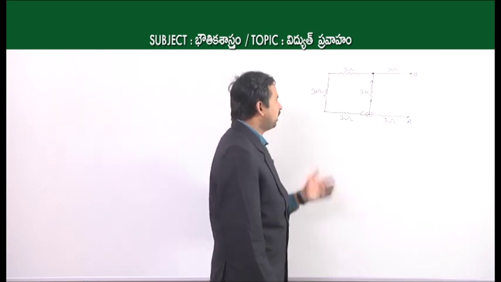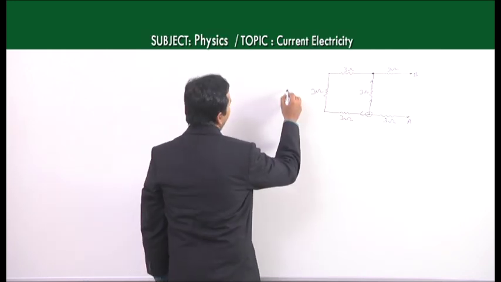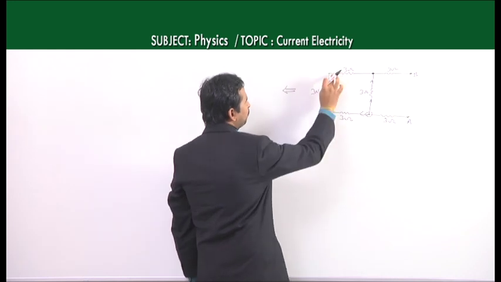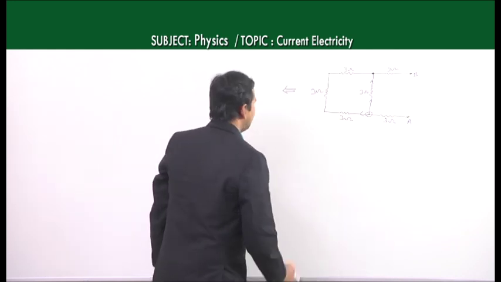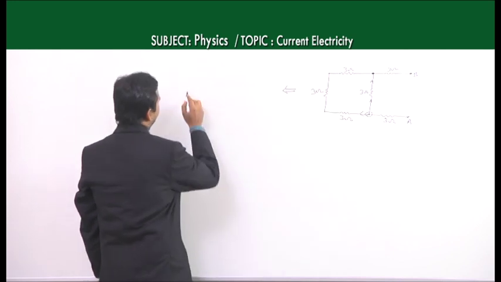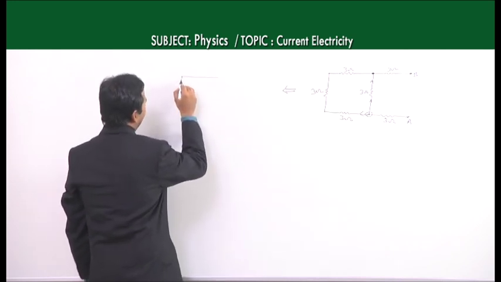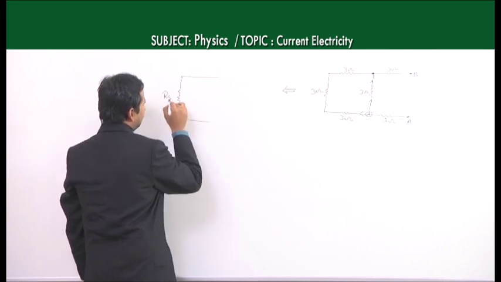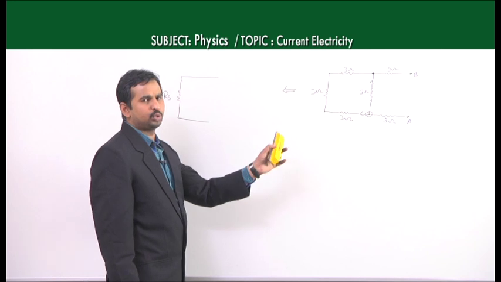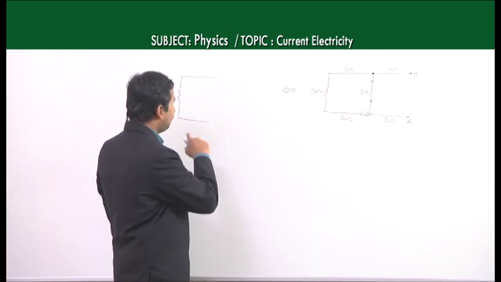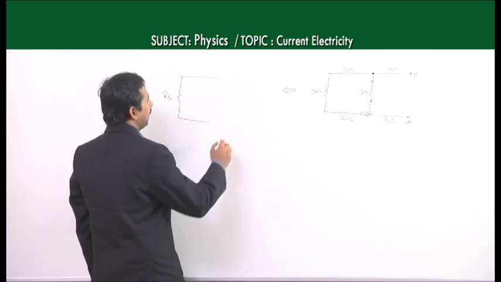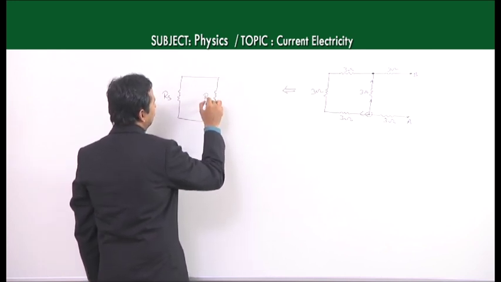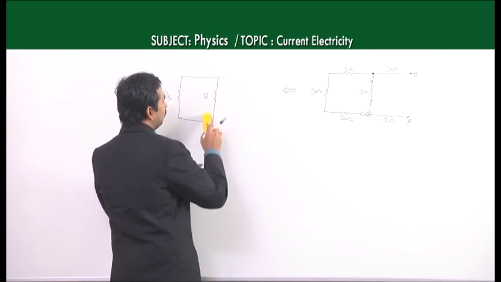So we can break this circuit and take an equivalent circuit like this. As these three 3 ohms are in series, I am making them only one resistance, which is RS, the series connection part, and the remaining part, which is in parallel, is RP, which is equal to 3 ohms.